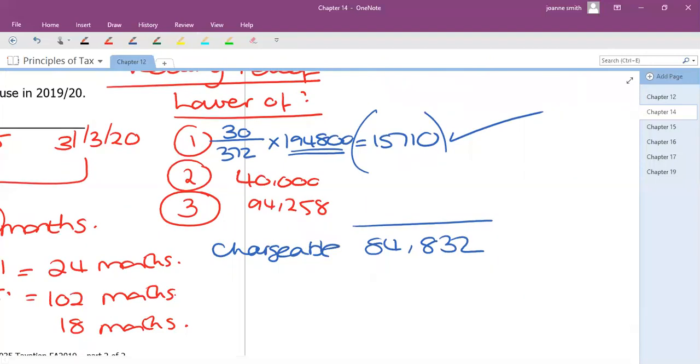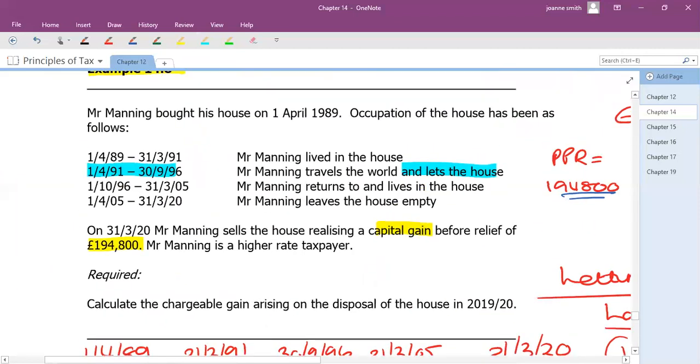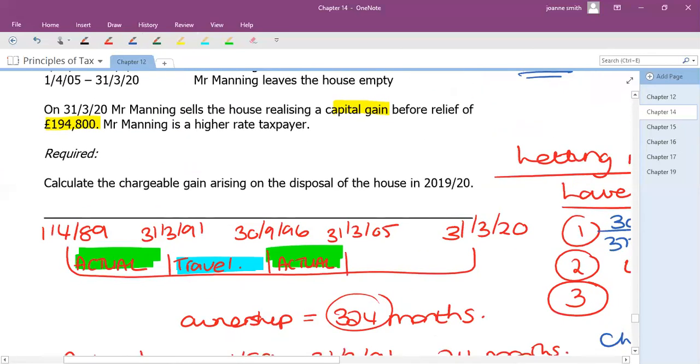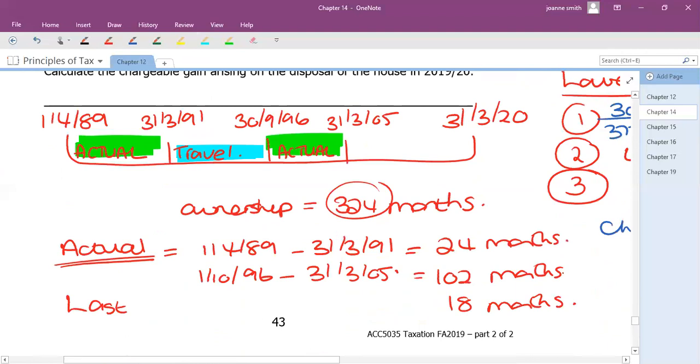Okay, so let's recap. We start off with a gain, how much we've got. If the house is completely occupied by the main resident all of the time, that's the end of it, it's exempt. If the person's moved out of the house, then we're going to get main residence or principal private residence, whatever you want to call it. In order to do that, look at how long you've owned the property and then say, right, when did I physically live there?